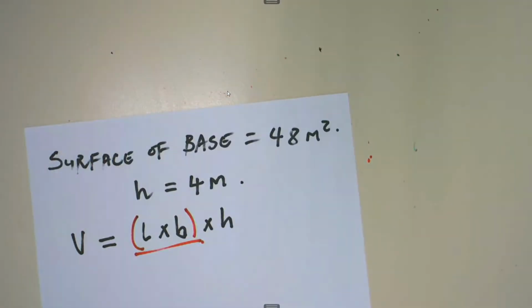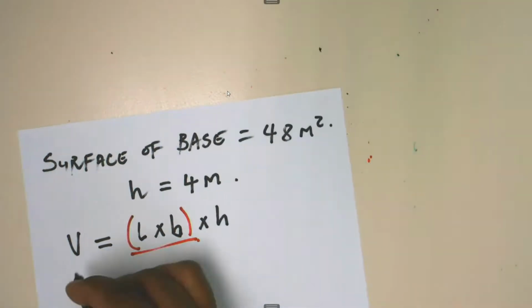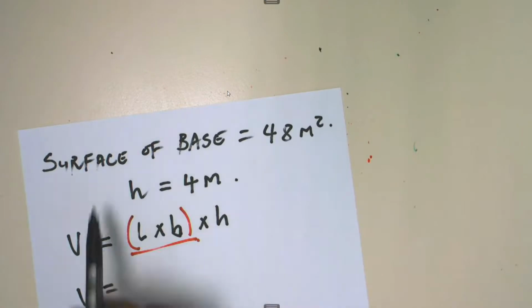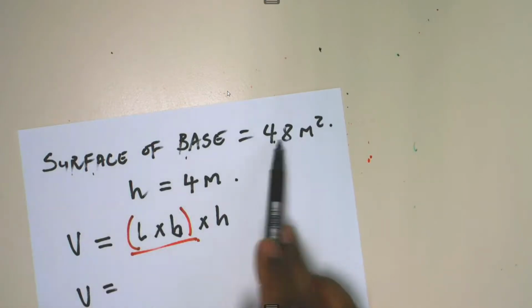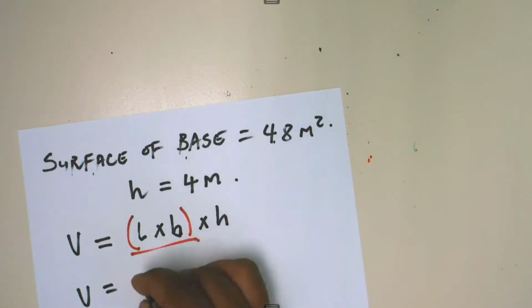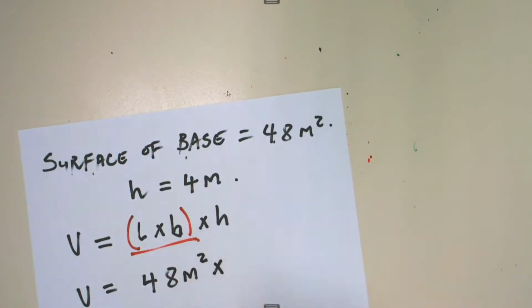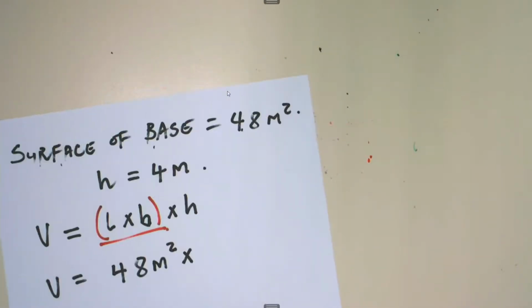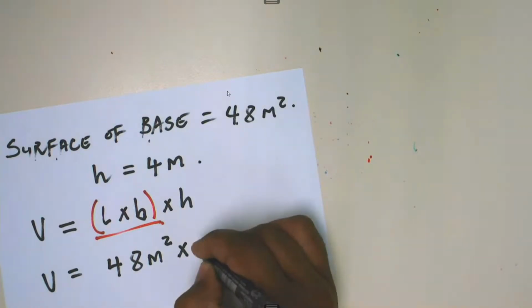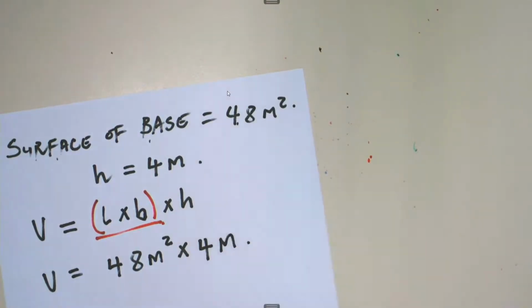It is given, and therefore the surface base is given 48 meters. You just substitute it there, 48 meter squared. And therefore, now we multiply it by what? 48 meters squared, we multiply it by 4 meters.